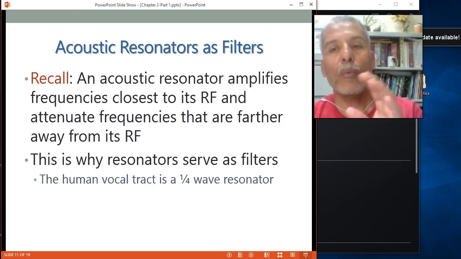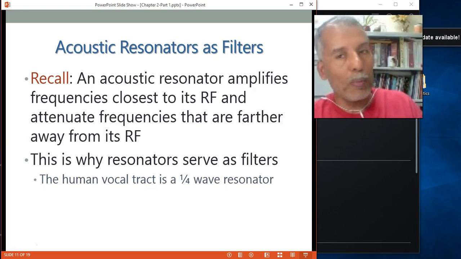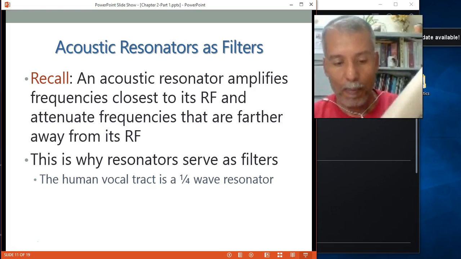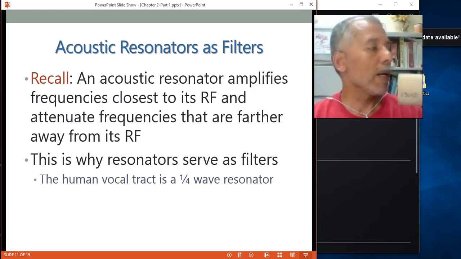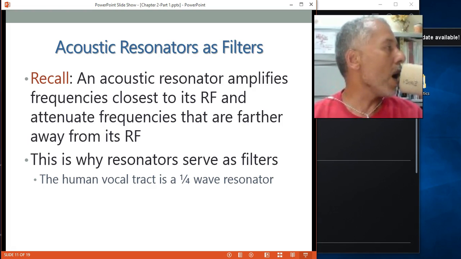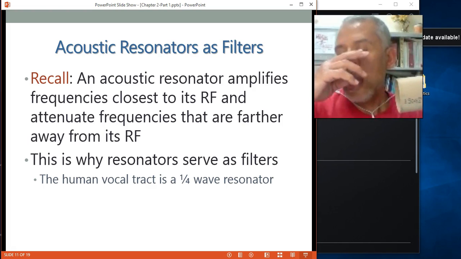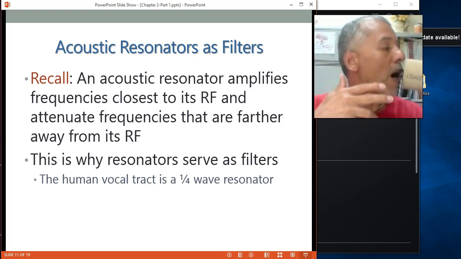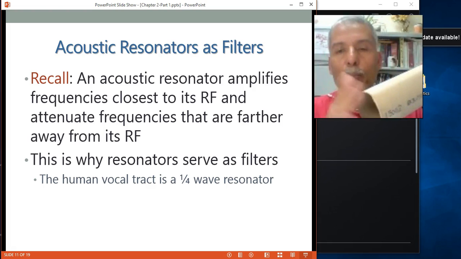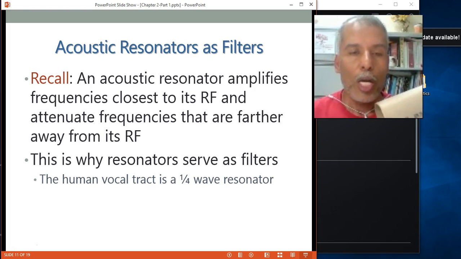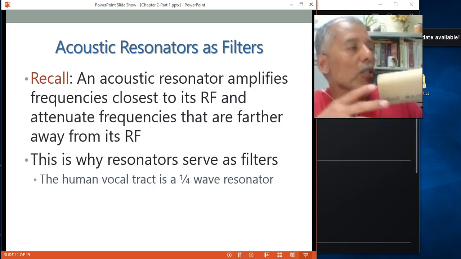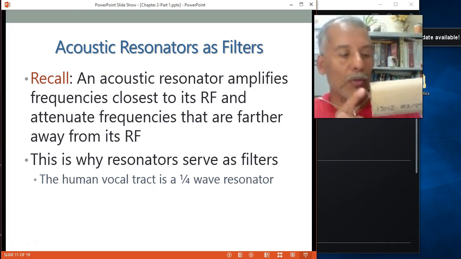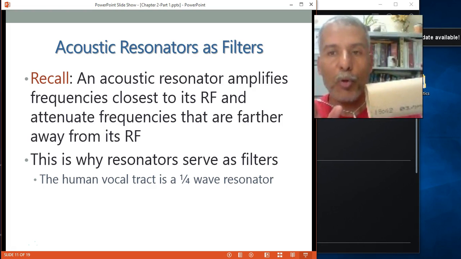So let's say this tube here has a resonant frequency of 400. Let's say that I put it on here, and if my frequency was 400, this will be like a microphone for me. It will amplify my sound the loudest it could, because I am 400, this is 400, they match perfectly.